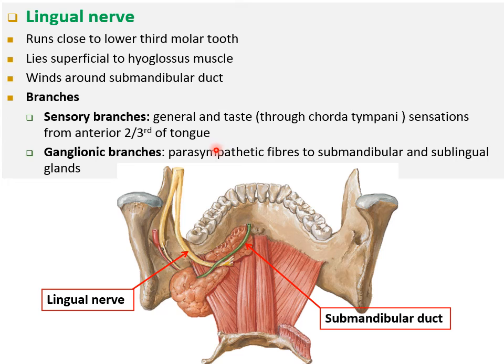It also gives ganglionic branches which directly supply the submandibular and sublingual gland. What is the lingual nerve? Where does it arise from? We will discuss in the coming lecture of infratemporal fossa. Here I am explaining only the course of the lingual nerve and its branches in the submandibular region.